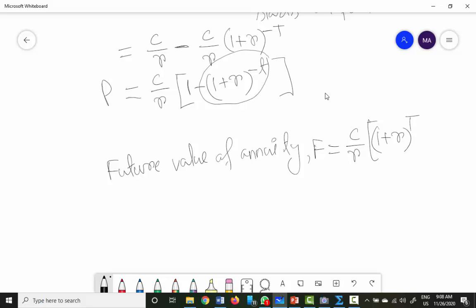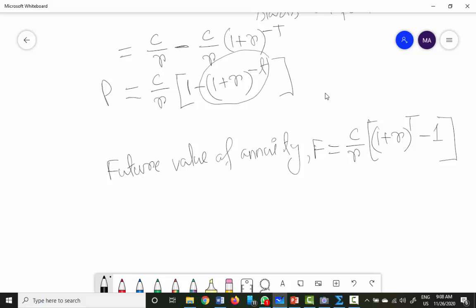Always remember, present value means we are going backward, so there should be a minus in the power. For future value, since you are going forward, the power should always be positive. So (1 plus R) power T, minus 1 will be deducted.